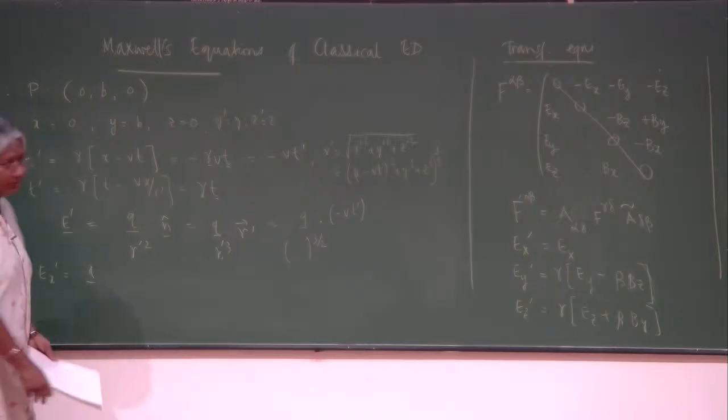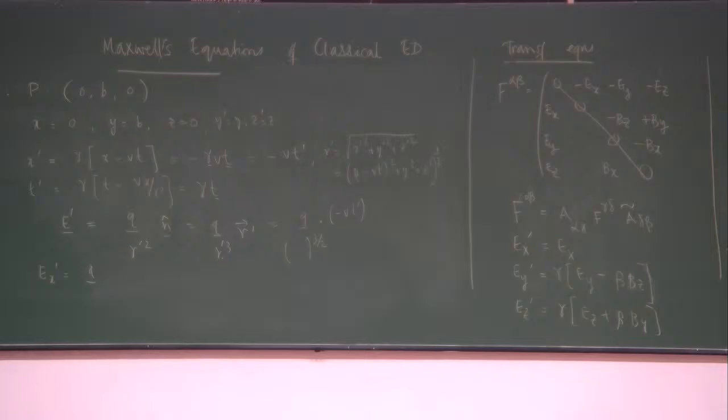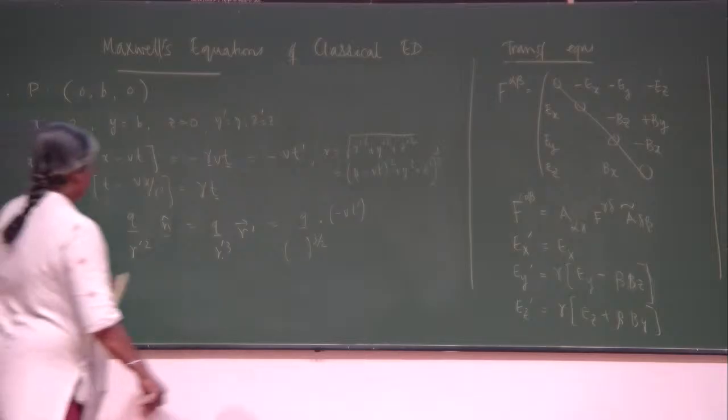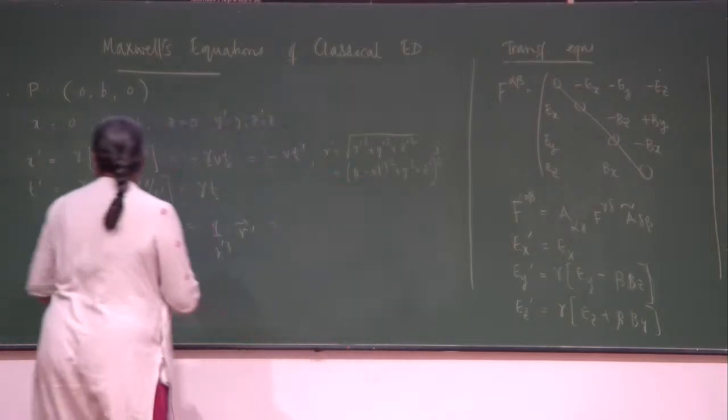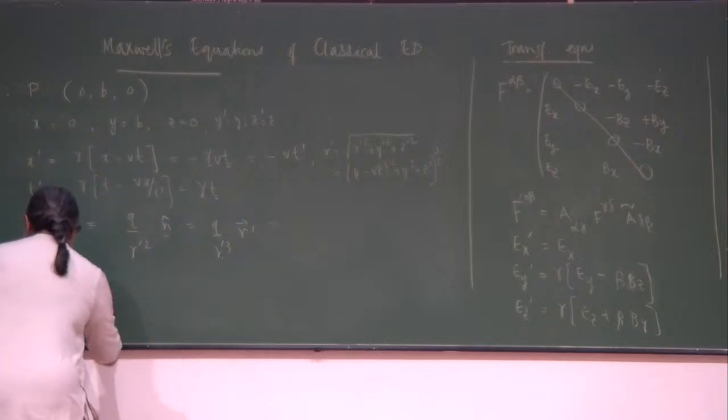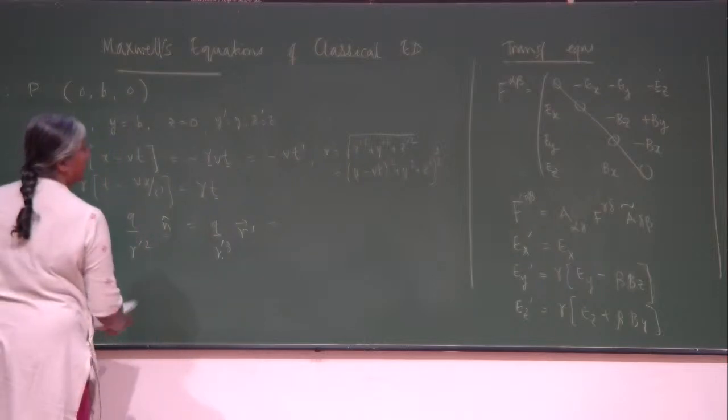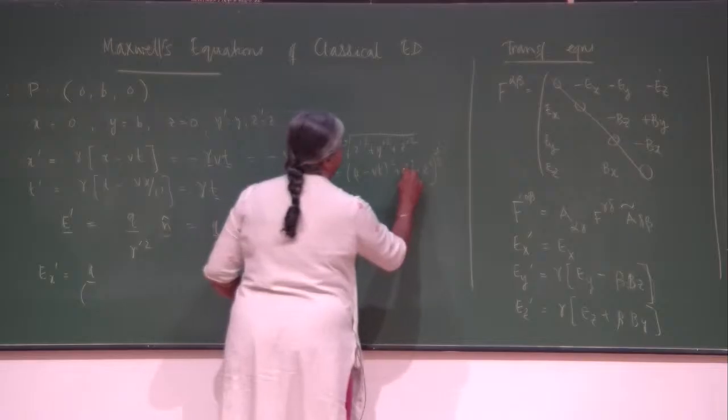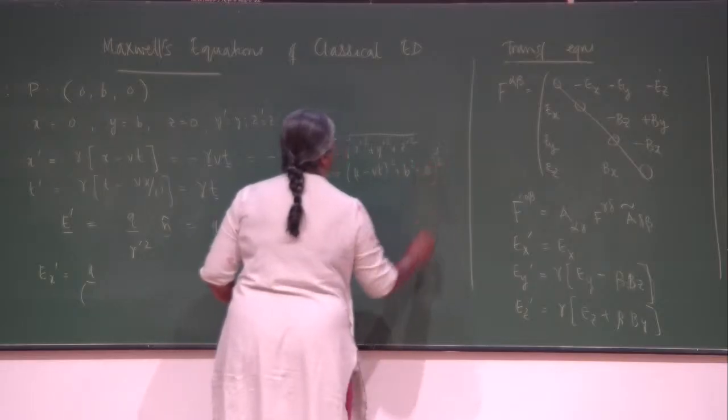Sorry, this is not for full E. I have written it in the wrong place. It is for this guy. So q by, for y let me put b, for z let me put 0.